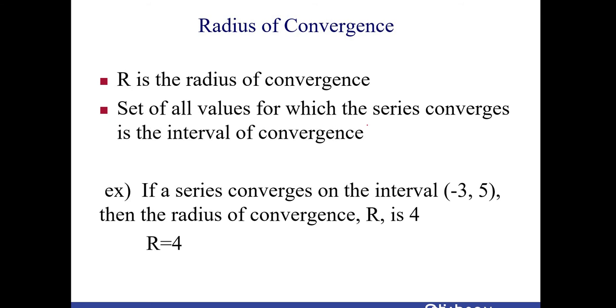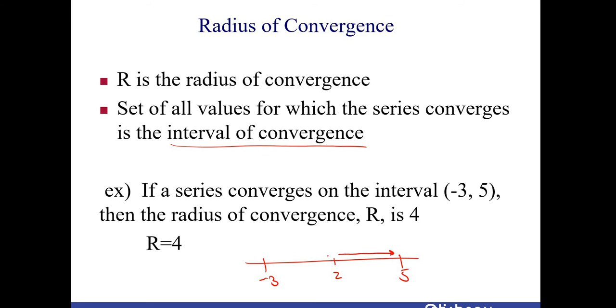The set of all values for which the series converges is the interval of convergence. So, in other words, if the series converges on the interval -3 to 5, so everywhere from -3 to 5, then the radius of convergence is 4 units. This is 8 units long. The center of this is 2.